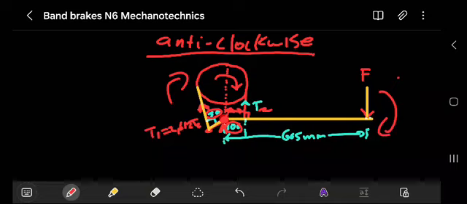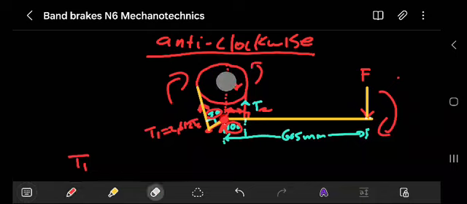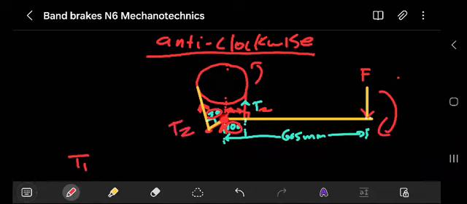If you take the moment about A, T1 here will change. Now we are rotating it anti-clockwise. If you rotate this anti-clockwise, you switch now, this will have T2 at this side, then this side will have T1. Understand? And then we know that T1 was 2,612 T2.